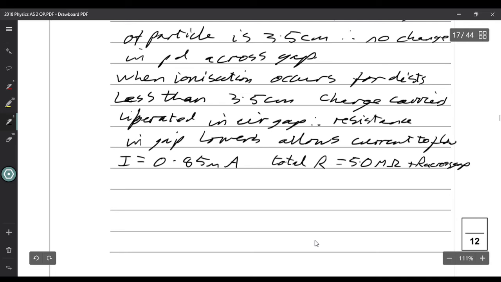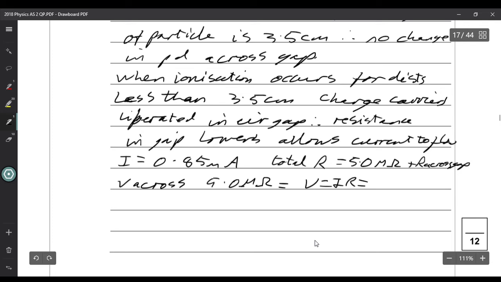Okay, so we can calculate the V across our 5 megaohm resistor. V across the 5.0 megaohm equals V equals IR.